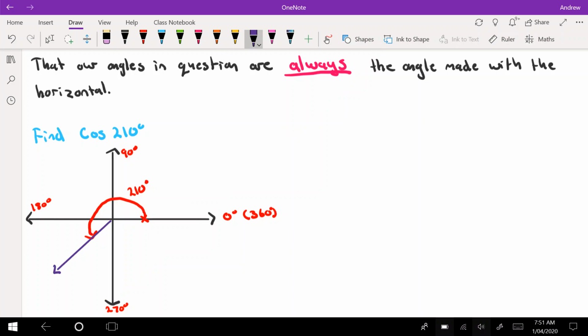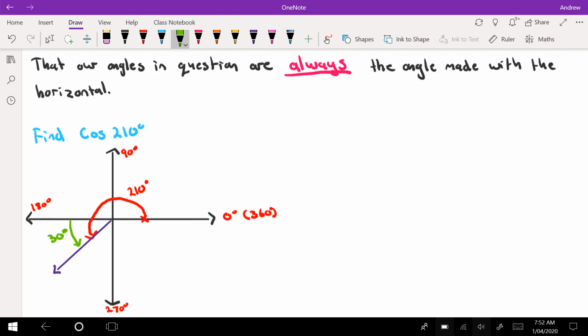Well, if that whole thing is 210 degrees, the angle made with the horizontal is made with this line here. So we want to find how big that is. Well, it's going to be 30 degrees. It's 30 degrees because we have the 180 from our opposite ends of the x-axis, and then the 30 degrees is what's left over from that 210.